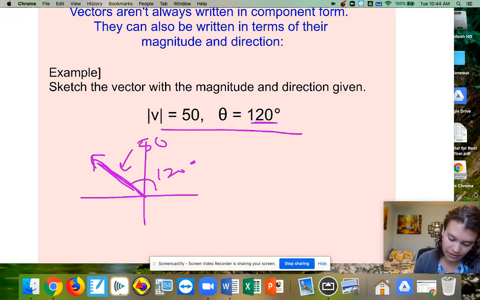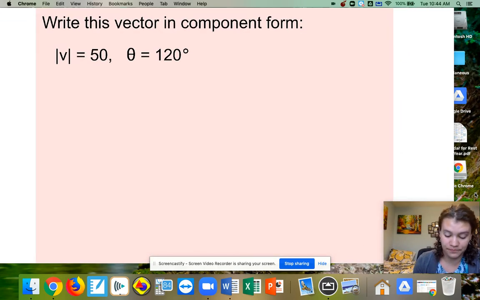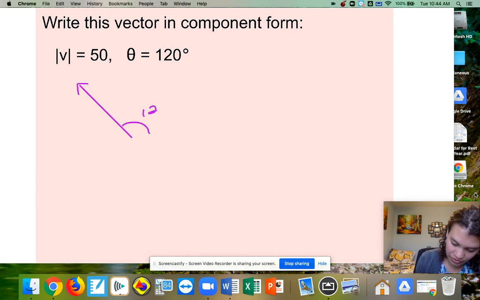So this would be this vector. Okay, so how do we go back to component form of this vector? I'm going to sketch it again just so you guys can see it. So you have your 120-degree angle and 50 right there.